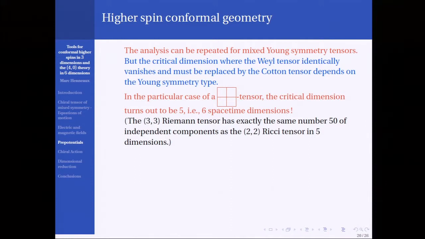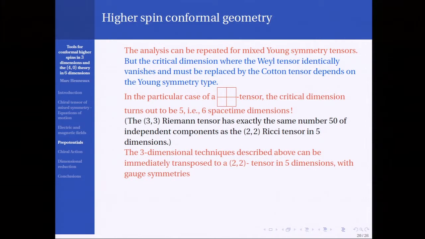So you have the same thing as for a symmetric tensor, except that the dimension is different. Apart from that, the techniques for constructing a Cotton tensor are exactly the same and can be transposed to a 2-2 tensor in 5 dimensions, with linearized diffeomorphism and linearized Weyl projected onto the symmetry.